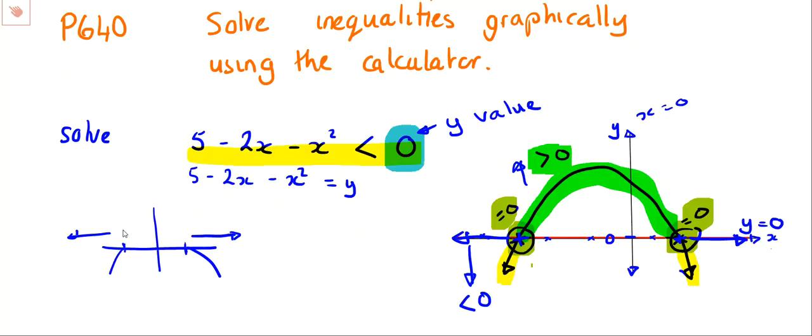I need to know this value here and this value here, x1 and x2. All right? And then I can say, well, x has to be less than whatever this is. Make sense? And I have to say x has to be greater than whatever that one is. Yeah? So it's just about finding those 2 points then. So, any ideas?